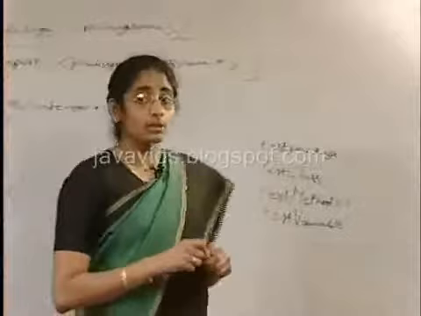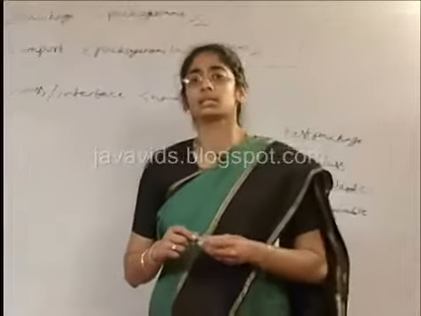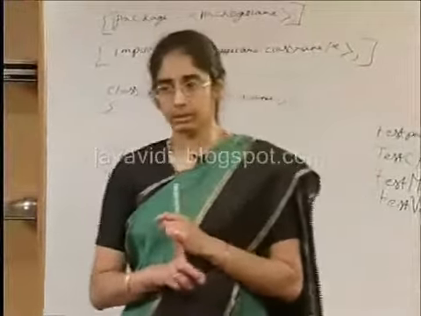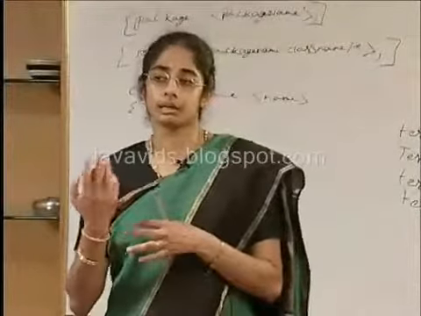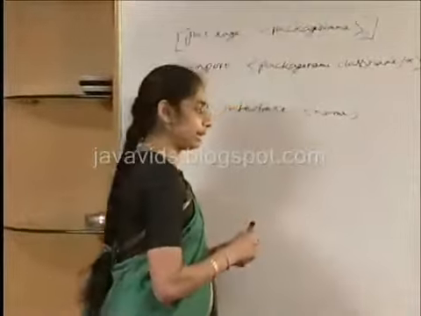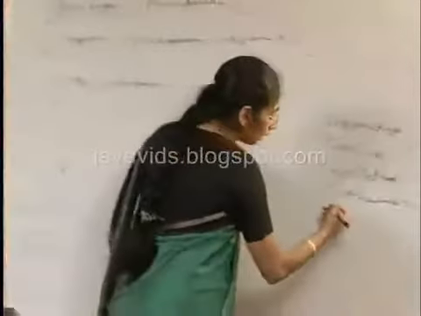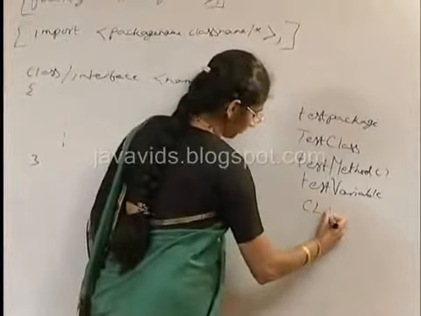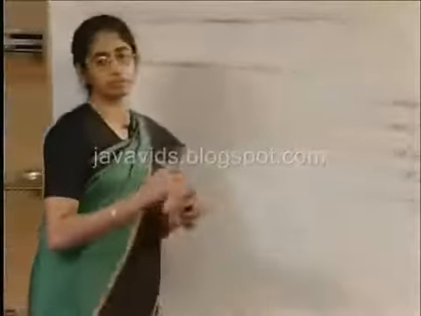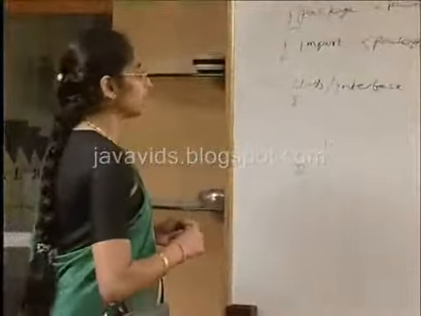Now any class constants. What do I mean by class constants? A constant is final. When I say class constant, it has to be a class member, so it has to be a static member. So static final variables will always be in uppercase. Static final variables must be completely in uppercase.